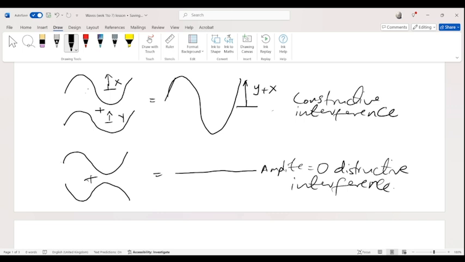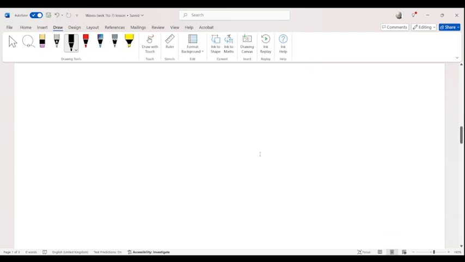Okay, now we're done with transverse waves. We are going to longitudinal waves.